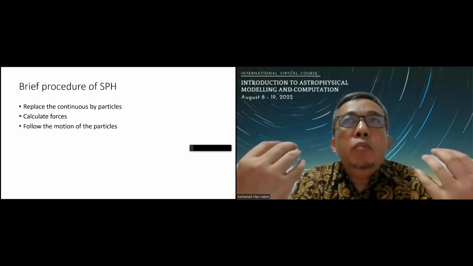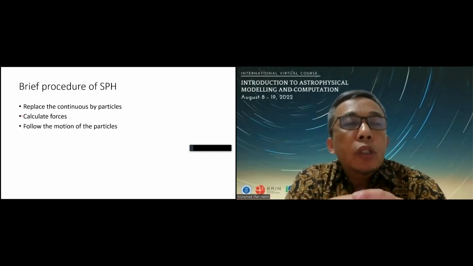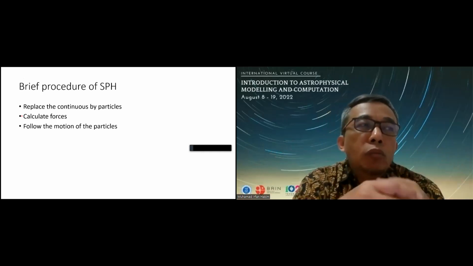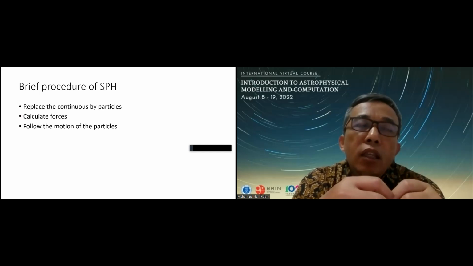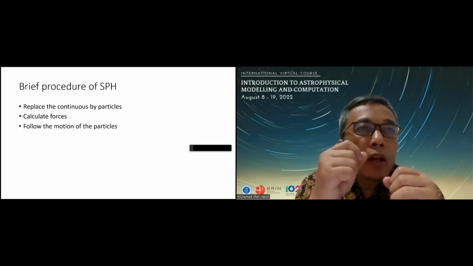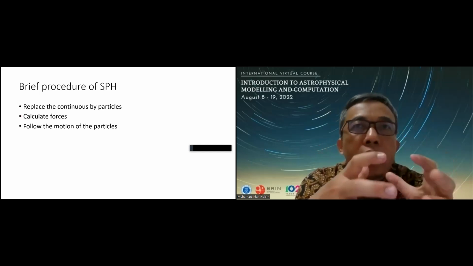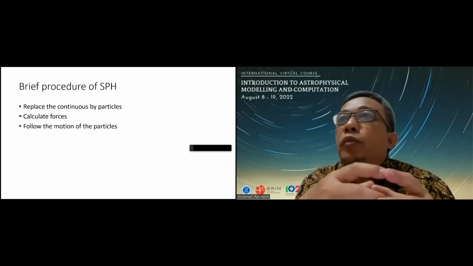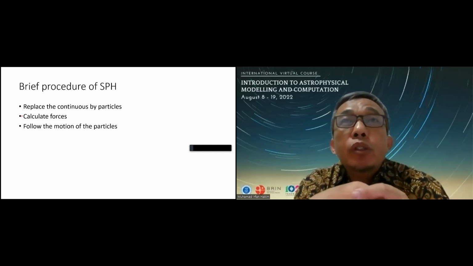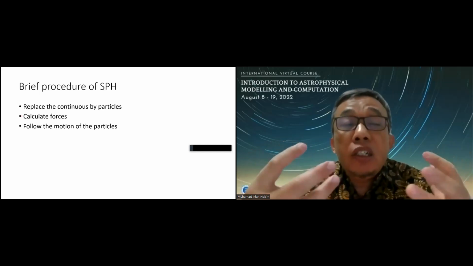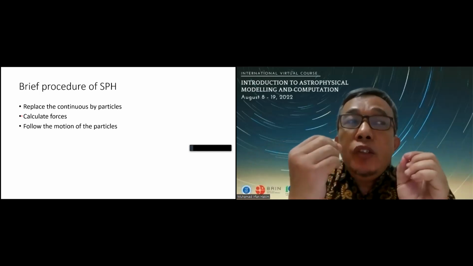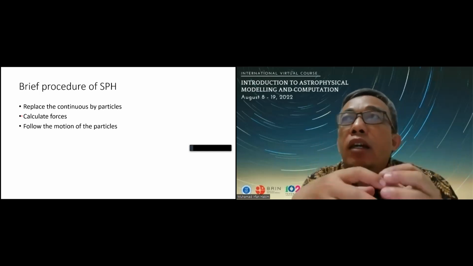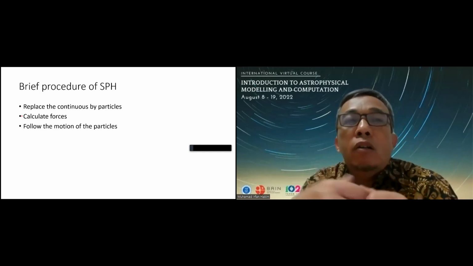In grid-based methods, we approximate the continuous by assuming that there are infinite spatial nodes, indeed, in the continuous, but we have to select a finite number of nodes.